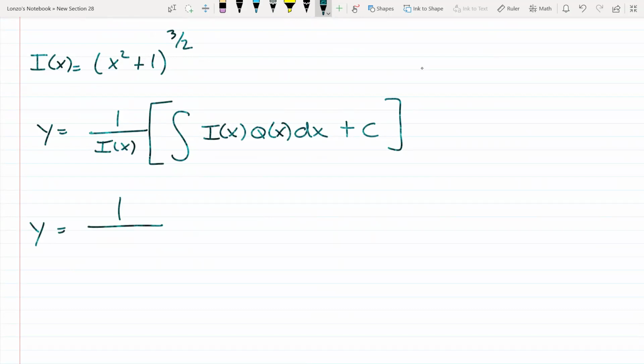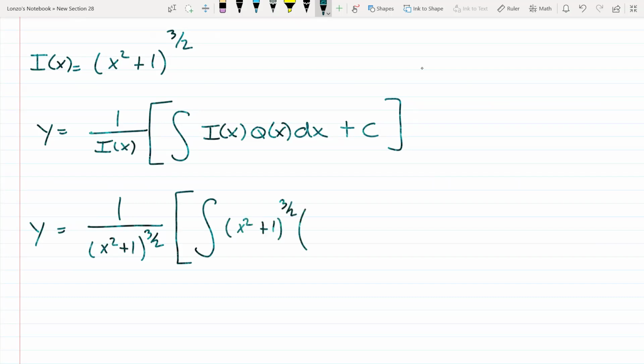I of x is x squared plus 1 to the 3/2, times q of x, which is 3x over x squared plus 1, dx. Let's see. Okay, what can we do here?